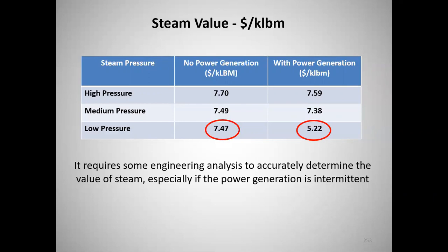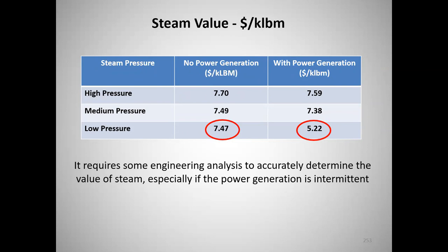And the big variation is whether or not we have turbines present. If we're doing cogen, high pressure steam is worth more relative to low pressure steam if you're going to put it through a turbine and make electricity, because that electricity saves you money.